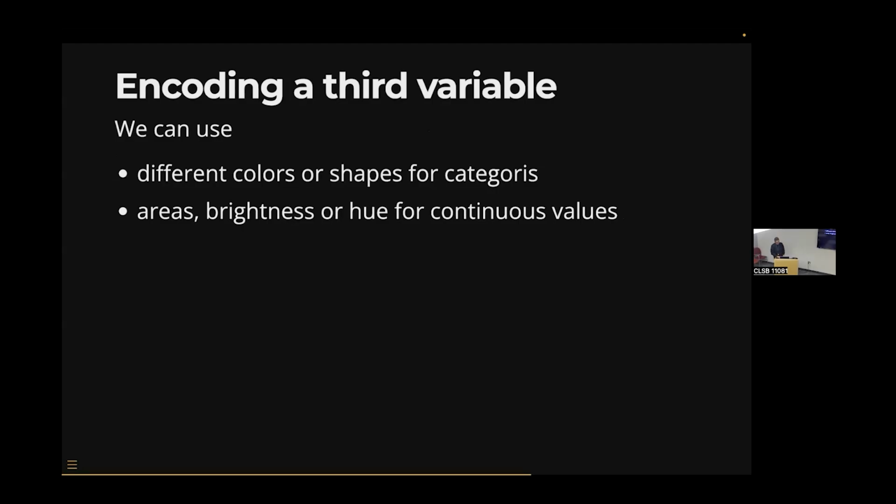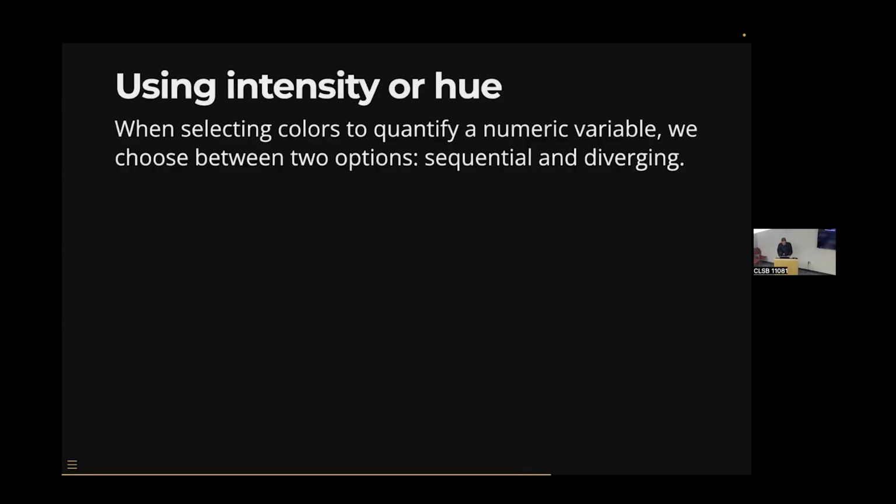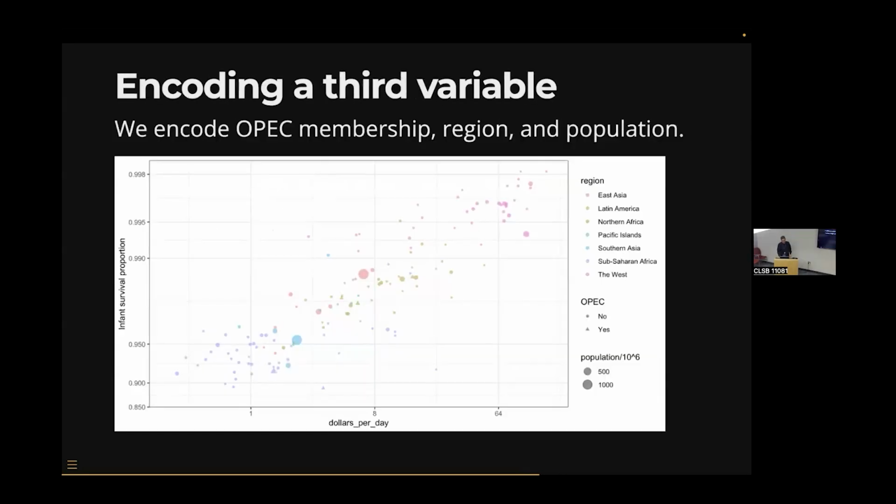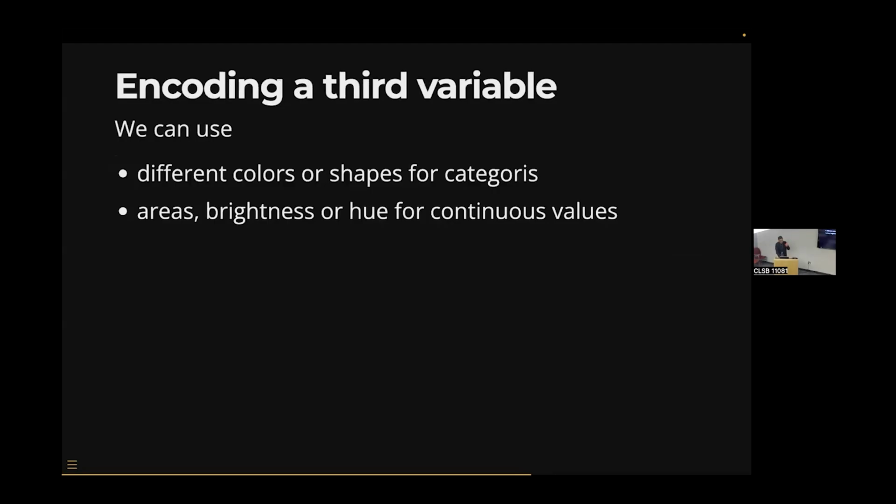What can we use? Because we can't have three dimensions, as I'm about to show. I'm going to show later that pseudo 3D is not good. I'm going to show you examples of how bad it can be. So what can we use to encode a third variable? Now we have all the other cues left: area, brightness, hue.